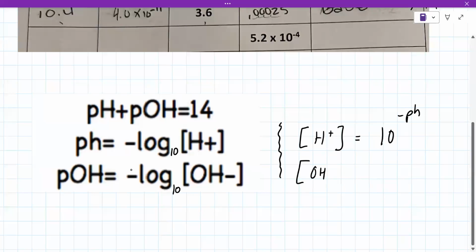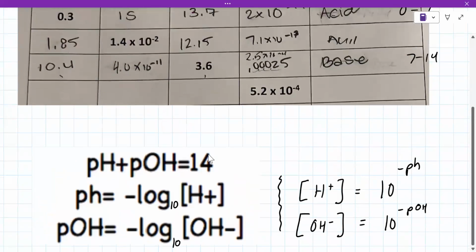The OH minus concentration is 10 to the minus pOH. These are the only calculations you need for this table. So it really depends what they're giving you, how you decide to proceed.